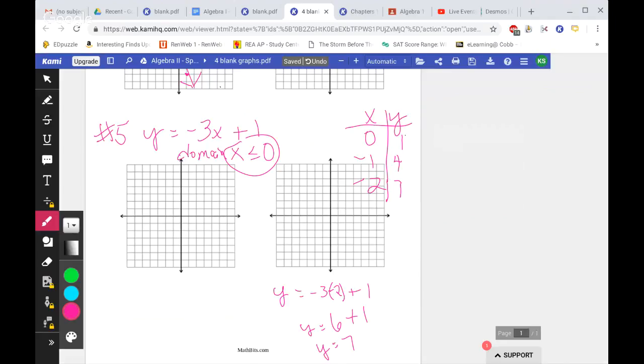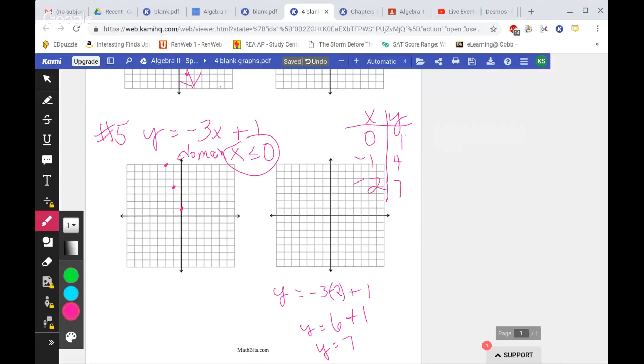So now I'm going to plot those points: 0, 1; negative 1, 4; and negative 2, 7. Now there's an interesting thing about this line.